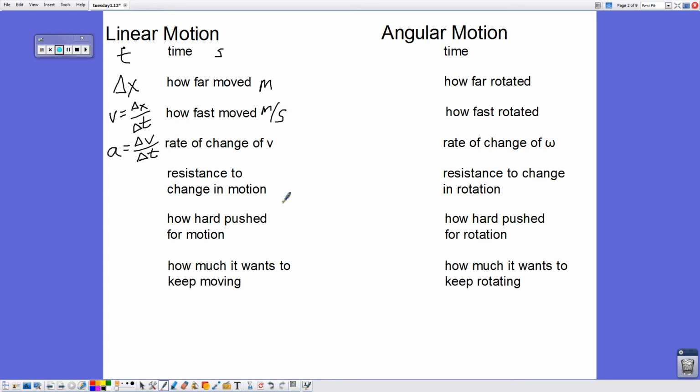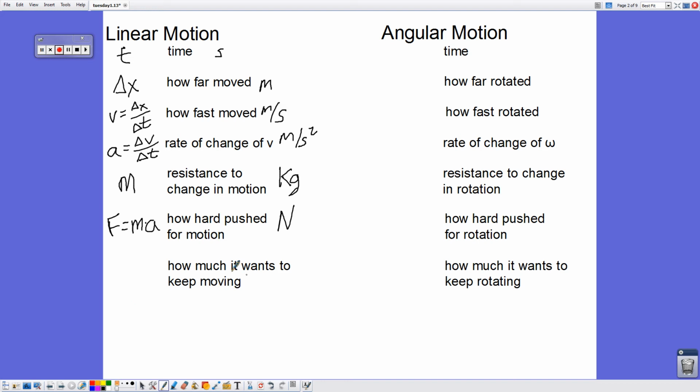Now, resistance to the change in motion, that sounds a lot like inertia, or mass, which we measure in kilograms. Alright, now, how hard you're pushing something to enact some sort of change in motion, that's a force, measured in newtons.